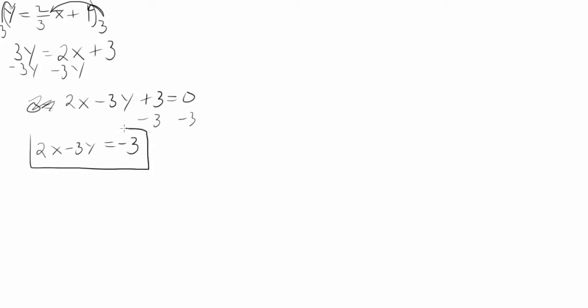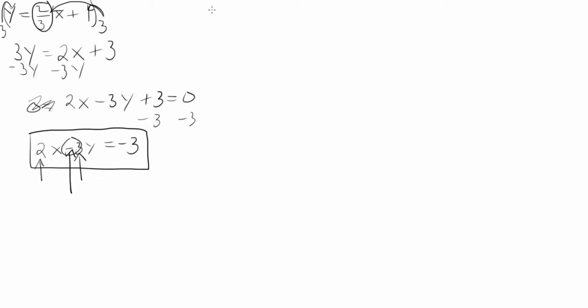So there's the equation in standard form, and the thing I'd like you to notice is that the slope of the line is 2/3, and I have a 2 in front of the x and a 3 in front of the y, but the slope is positive and the sign between the two is negative. So let's see if that happens again.